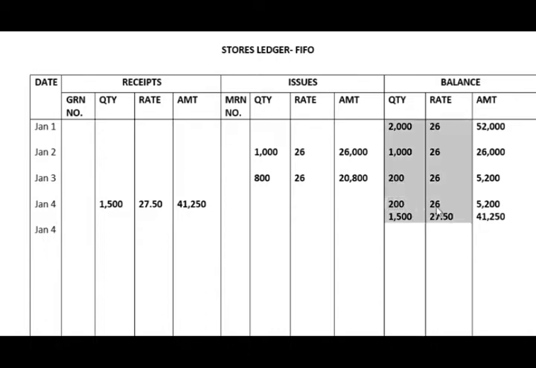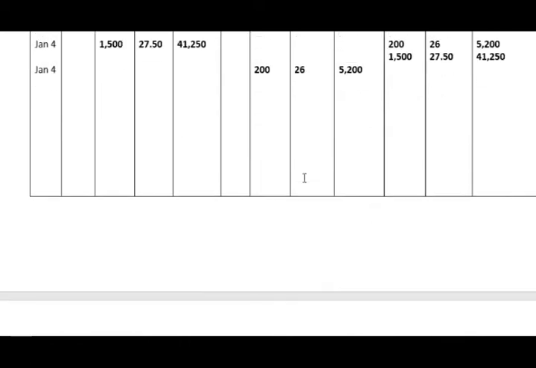On a preferential basis, we will issue from the 200 slot first. So that means issue of 200, the entire lot, at what rate? It is issued at rupees 26. It amounts to 5,200.